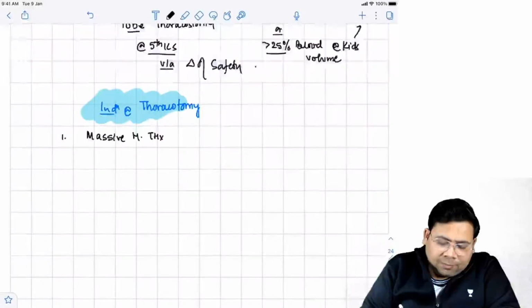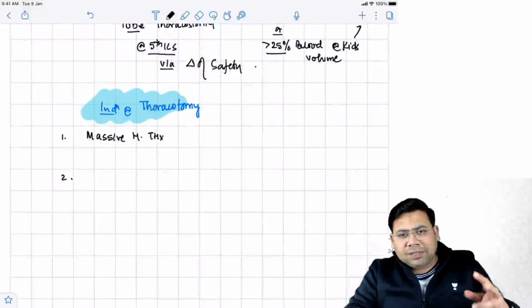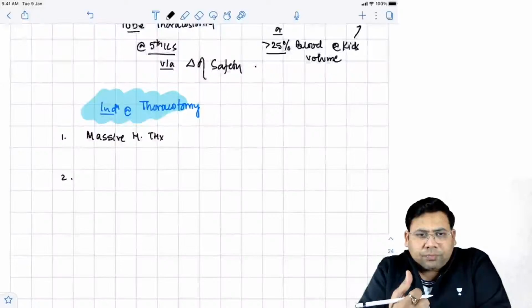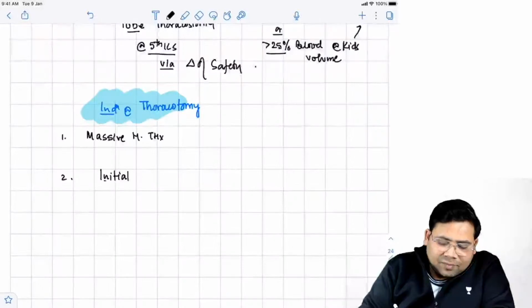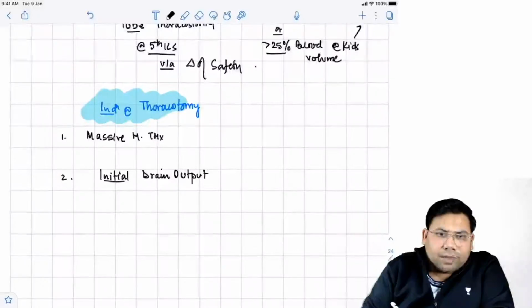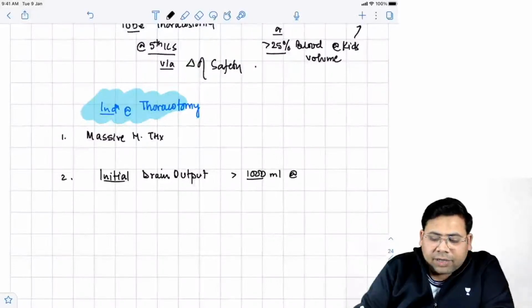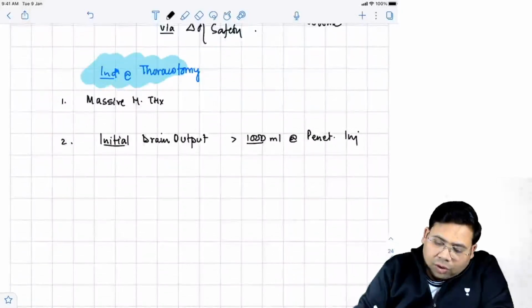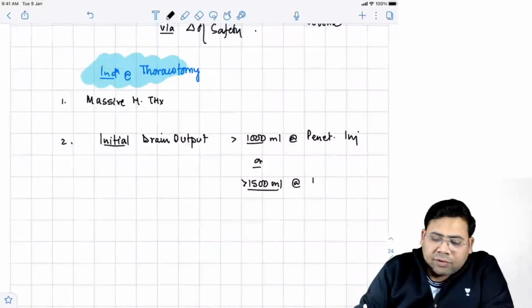Point number 1. Suppose you got a patient of thoracic injury, suspected hemothorax, and you did a tube thoracostomy. The amount of fluid which comes out is very important. What is that known as? Initial drain output. More than 1000 ml in case of penetrating injury, or more than 1500 ml in case of blunt injury.